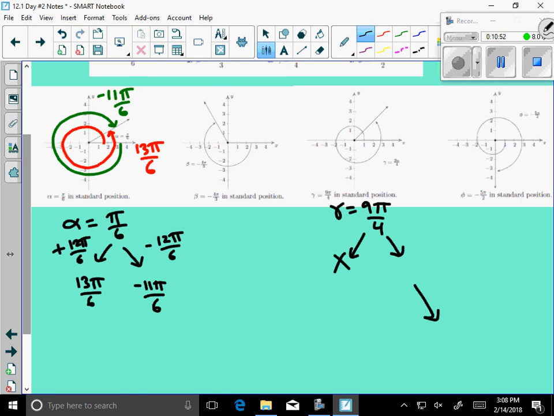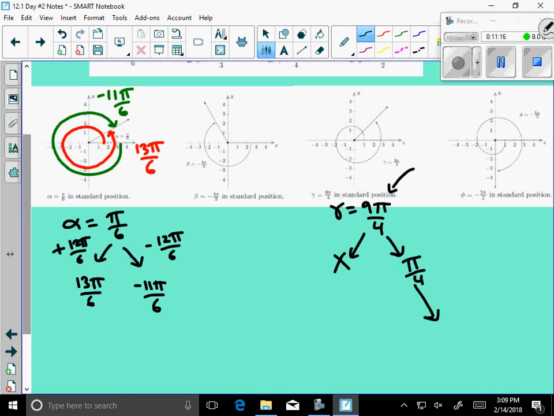How do I know that? Well, I know that because this number right here, 9 pi over 4, is greater than 2 pi. So if I subtract 2 pi from that, it's still going to be positive. Okay? So take your initial angle, and see if it's greater than 2 pi away from 0, whether it's negative or positive. So I'm going to subtract, and when I subtract, I get pi over 4.